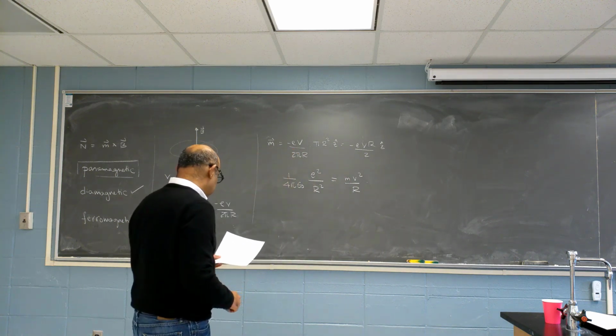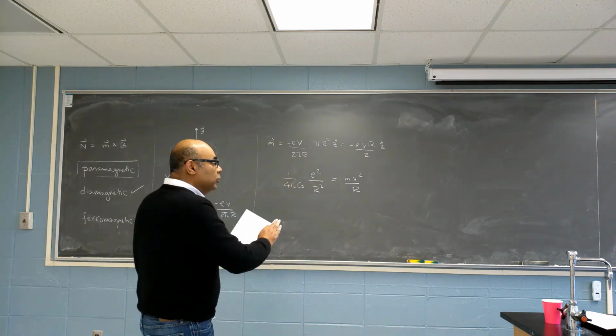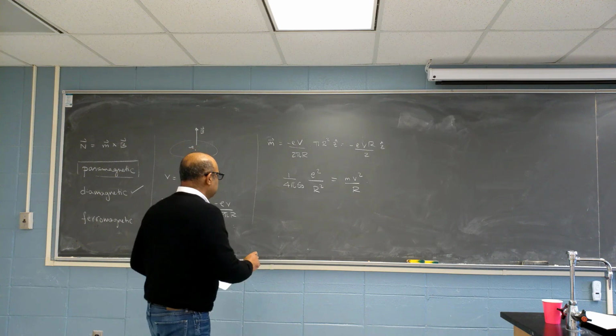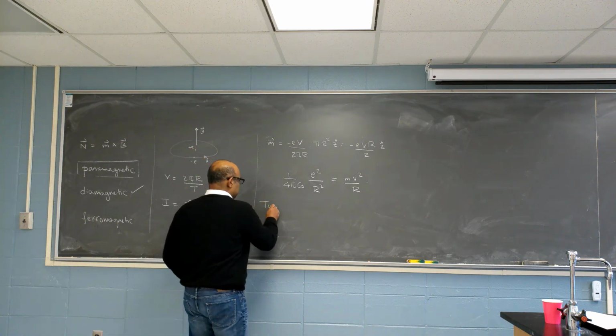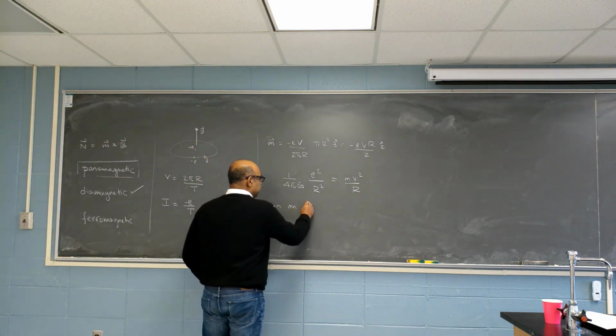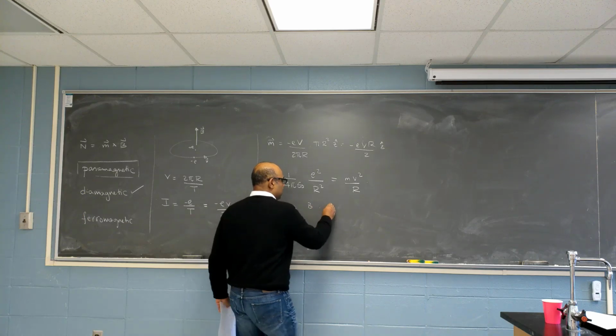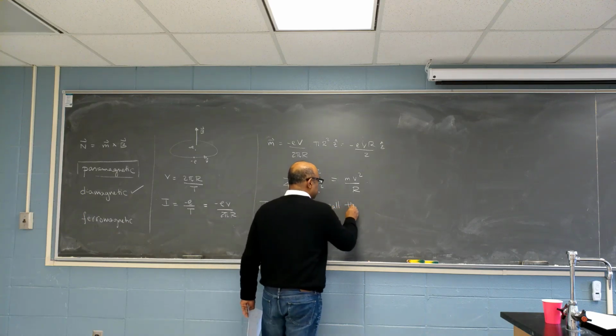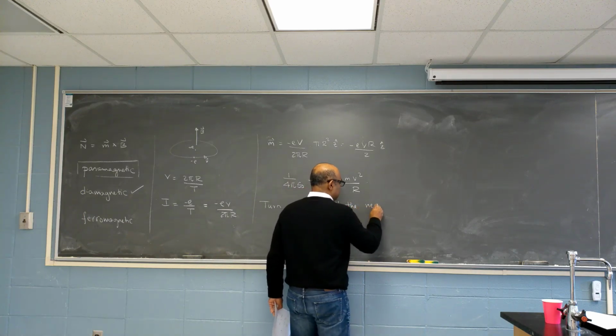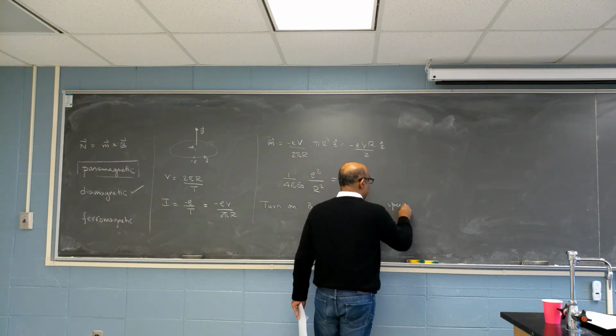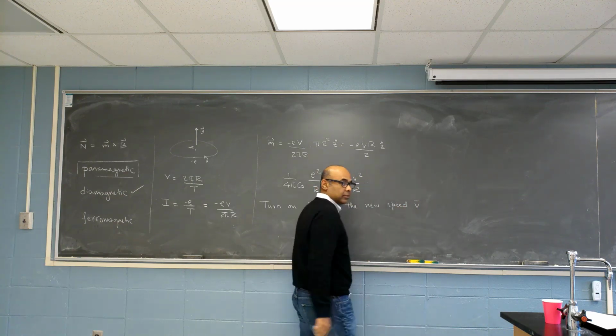So for mv squared, you get a new velocity. Turn on B, call the new speed V bar.